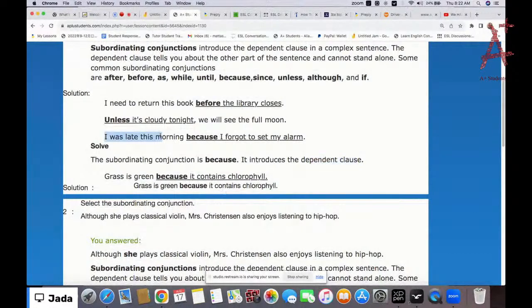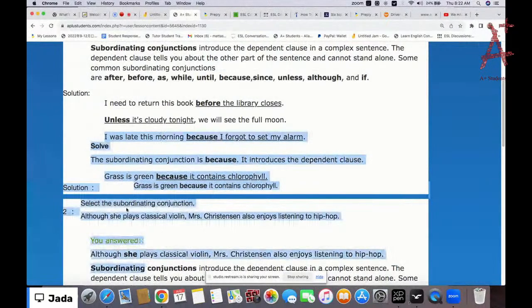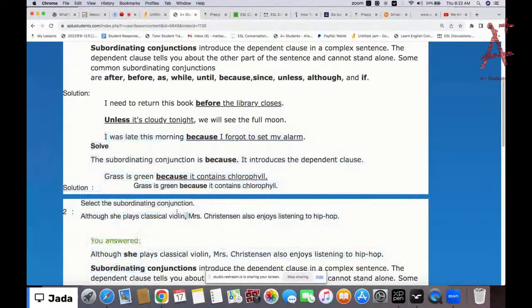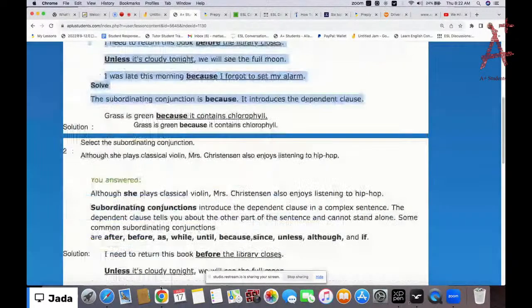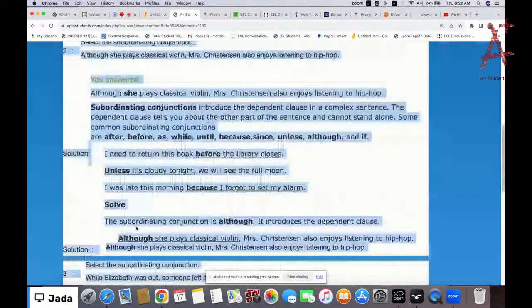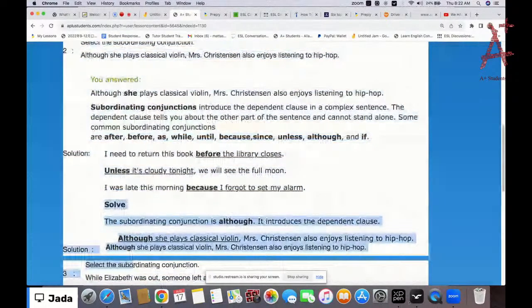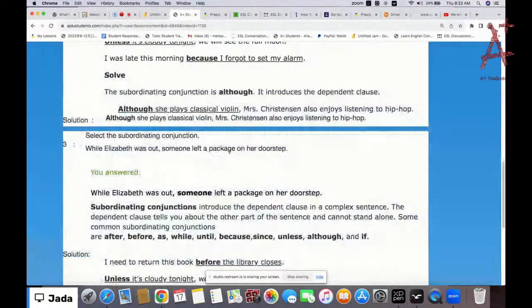All right, so let's move on here. Although she plays classical violin, Mrs. Christensen also enjoys listening to hip hop. That's the although of the subordinating conjunction. And then moving forward, while Elizabeth was out, someone left a package on her doorstep. So while.